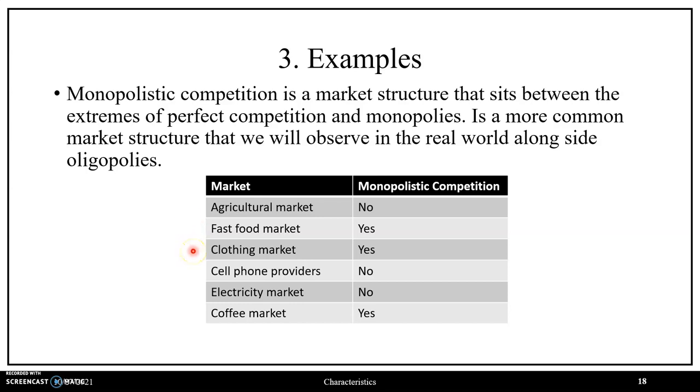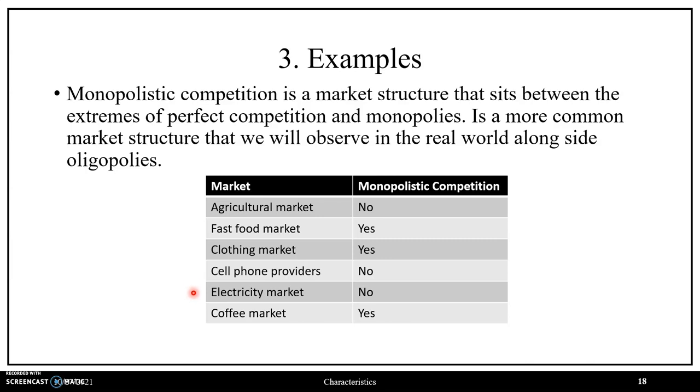In regards to the clothing market, this was another example in the product differentiation case, in which we mentioned that we would expect monopolistic competition to hold in terms of its assumptions: many firms operating in the space, low amounts of market power, product differentiation exists, low barriers to entry, zero economic profits, as well as independent decision making across these firms. Moving on to cell phone providers, there are only a few firms operating in the space, so this will immediately rule out monopolistic competition.